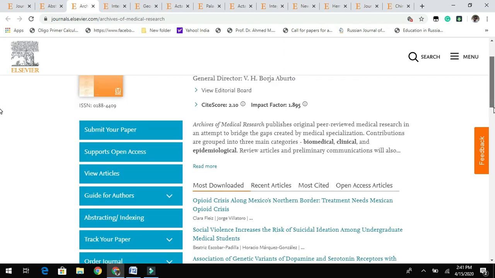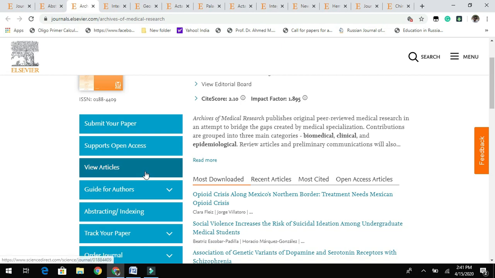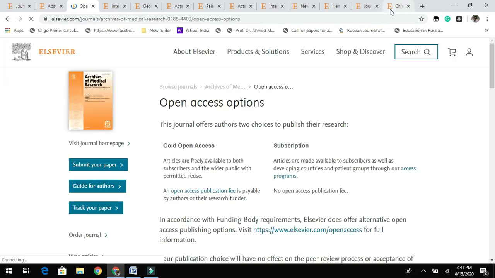So if you have your research article related to these categories, then you can come to this site and check whether your research falls under this category.